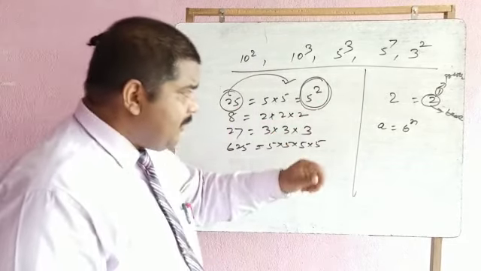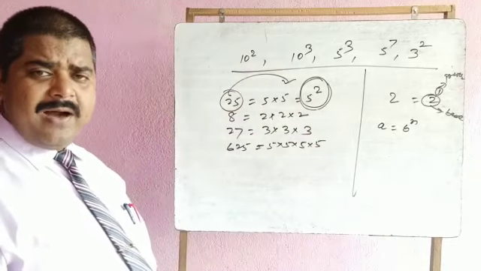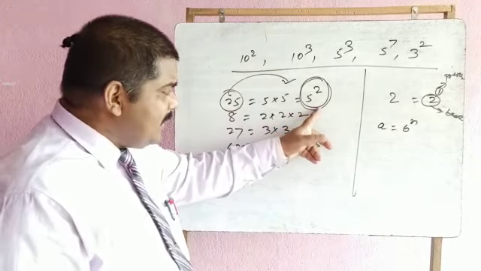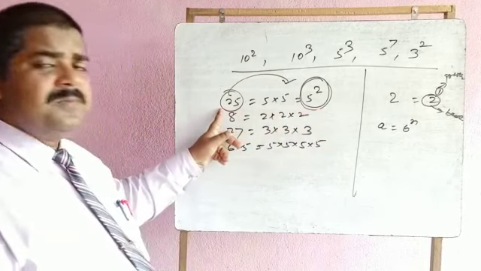So writing 25 as the square of 5 is known as the exponential form of 25.